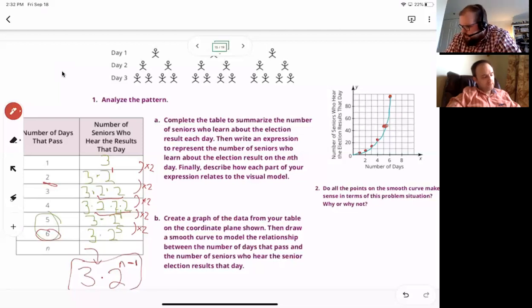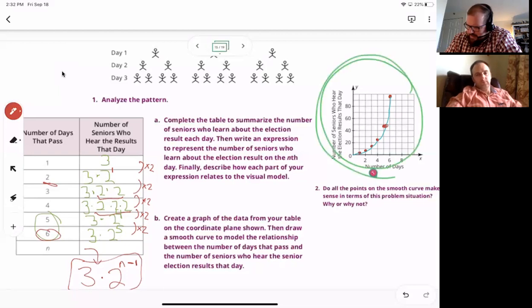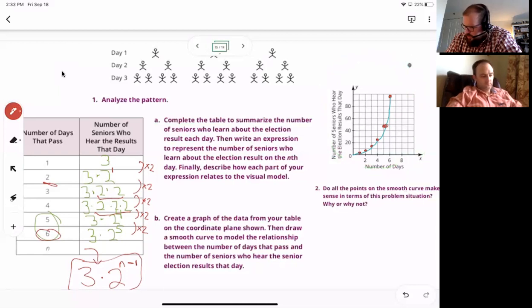All right. Sweet. We also added a graph for this, just based on the data from the table. And then I connected the dots to make a smooth-ish curve with my excellent art skills. The question that goes with this is really about, do all of these points make sense?